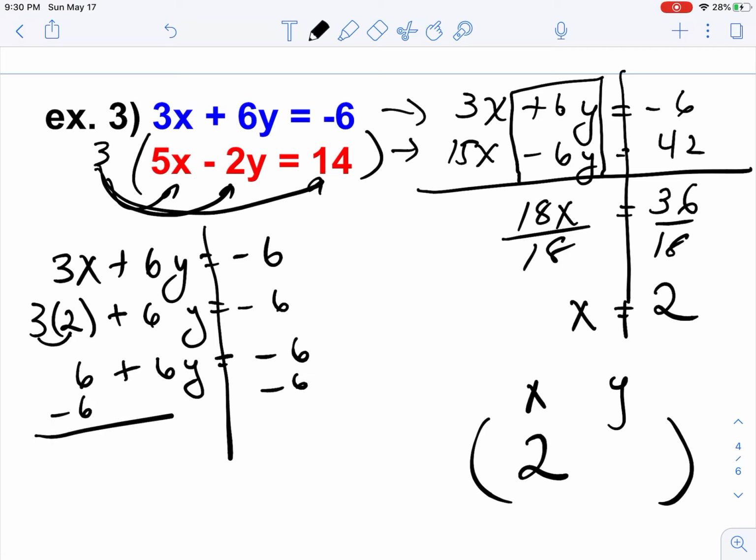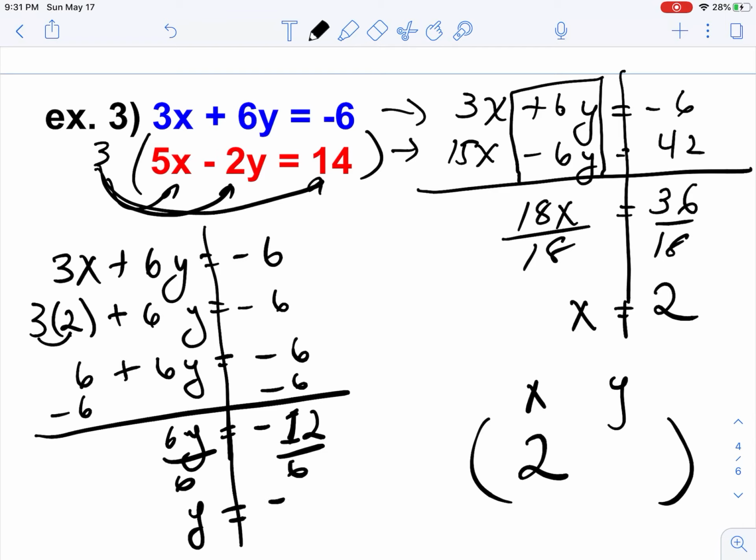We're going to subtract the 6 from both sides. We get 6y equals negative 12. And then divide by 6. So we get y equals negative 2. So there's our final answer.